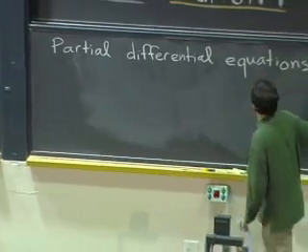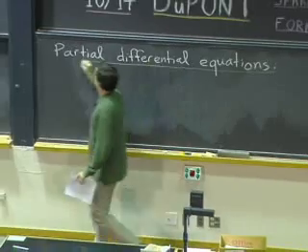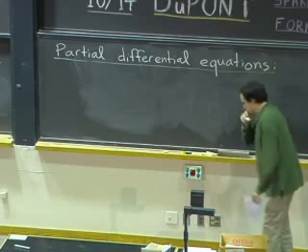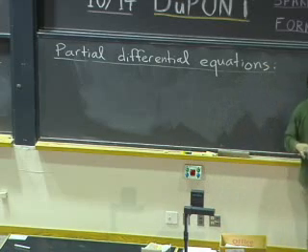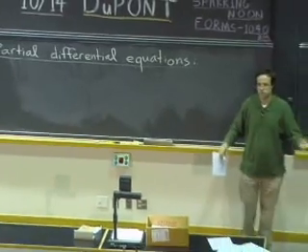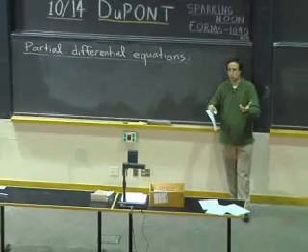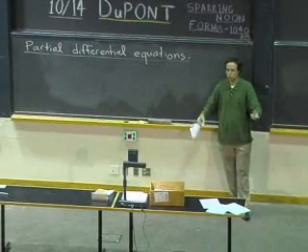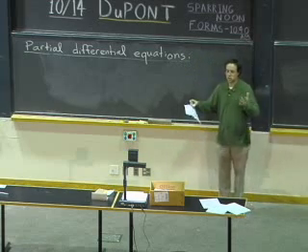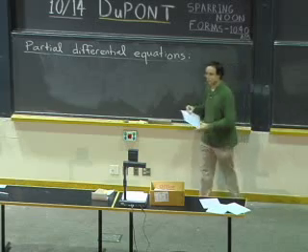Okay, so that's, if you want, a cultural remark about what this is good for. A partial differential equation is an equation that involves the partial derivatives of a function. So you have some unknown function that depends on a bunch of variables, and a partial differential equation is some relation between its partial derivatives.